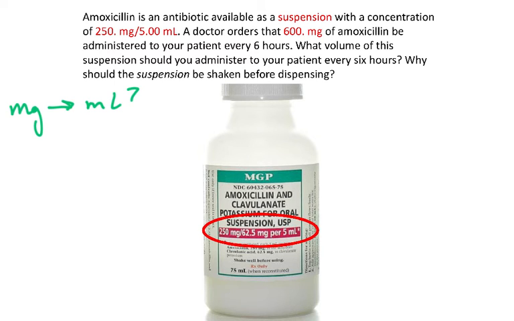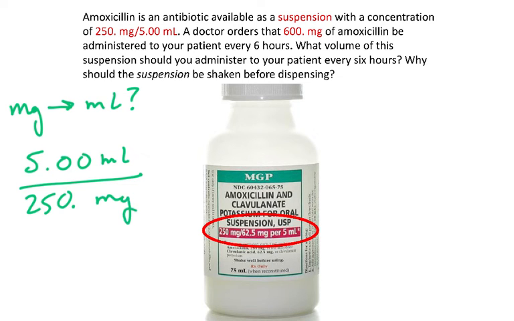Our concentration has, as written, milligrams over milliliter, but as always, we can flip it to give milliliters on top and milligrams on the bottom, which we need to do to convert from milligrams, right?